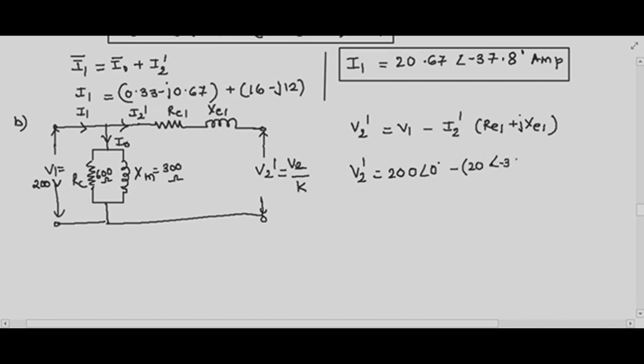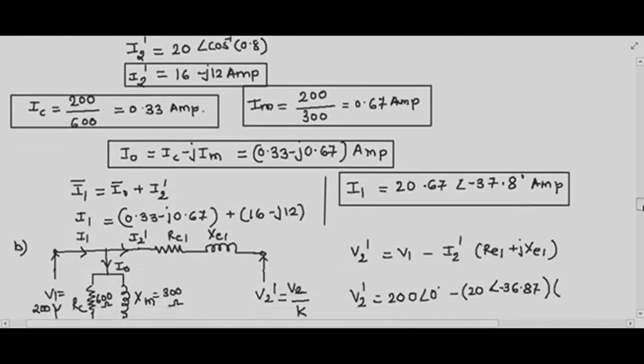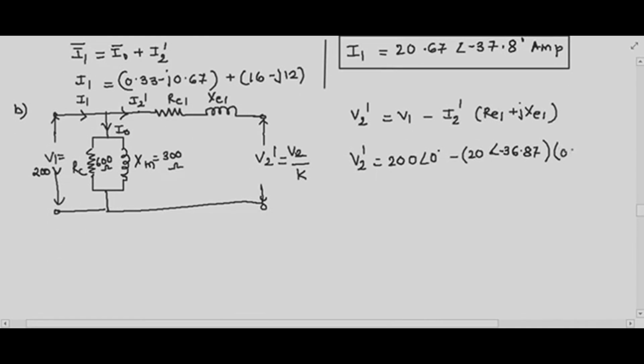Cos inverse of 0.8 is nothing but minus 36.87, into RE1, which is given as 0.15, plus J XE1, 0.37. So if we calculate this, you will get V2 dash as 193.2 at an angle of minus 1.2.